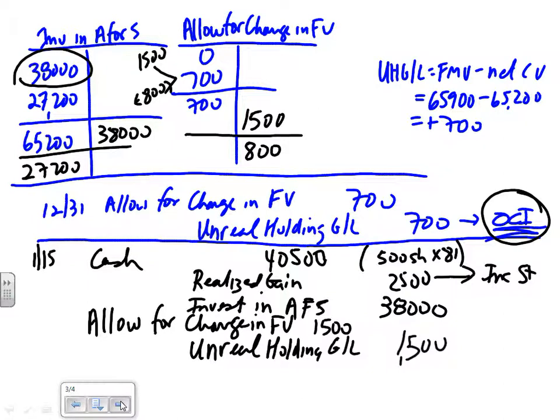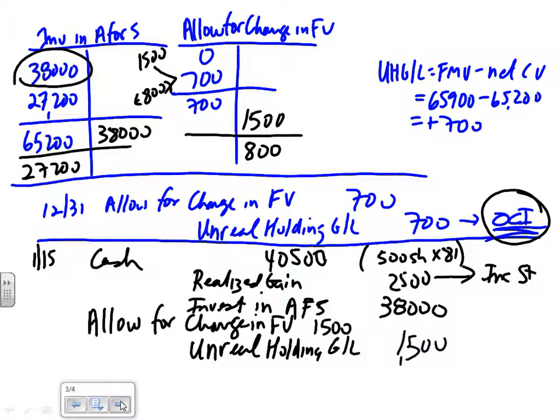Now, the key to remember here is for available for sale securities, over the lifetime of the security, from the time you buy it to the time you sell it, unrealized holding gains and losses must net to zero, because only realized gains and losses matter. That's what ends up in the income statement.